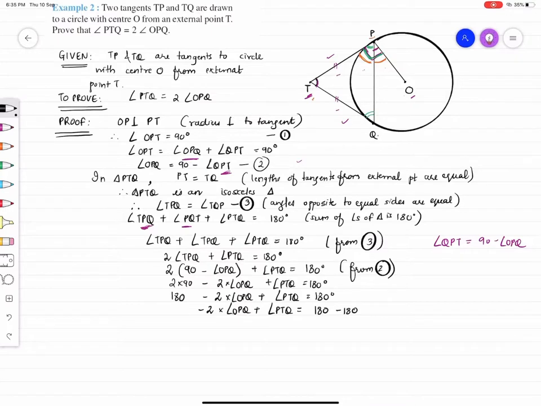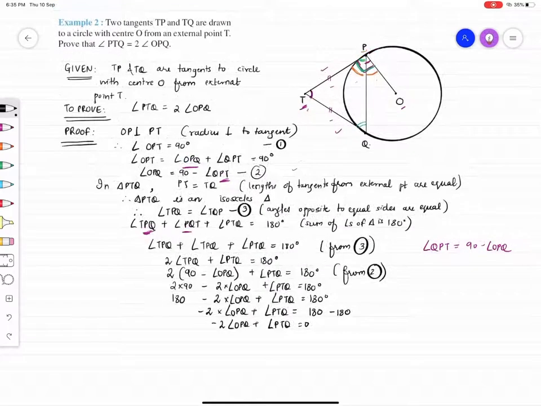So it will be subtracted and I'm left with minus 2 OPQ plus PTQ is equal to 0. Now if I shift this term to the RHS, what am I going to get? I'm going to get PTQ is equal to 2 times OPQ. Okay, so hence proved.